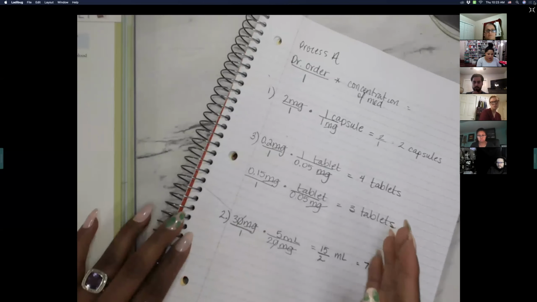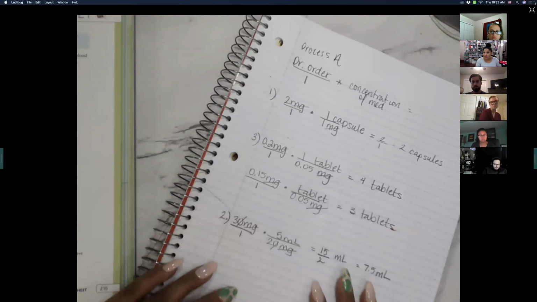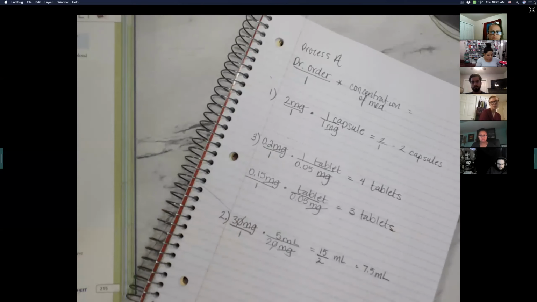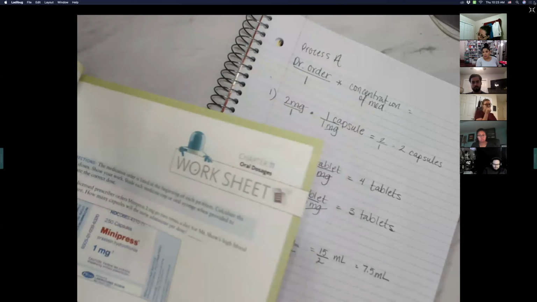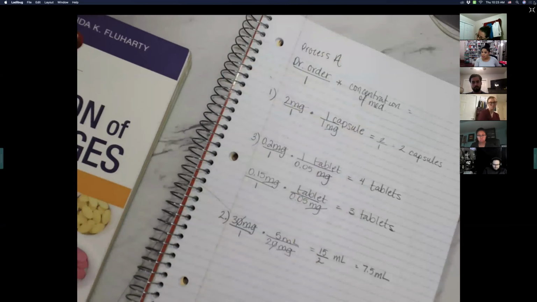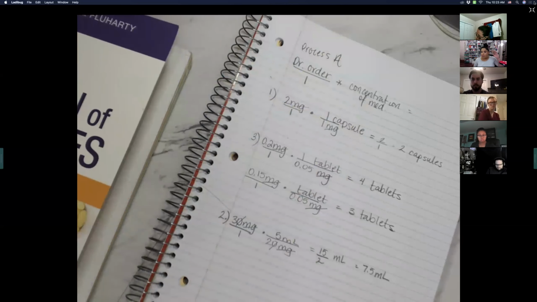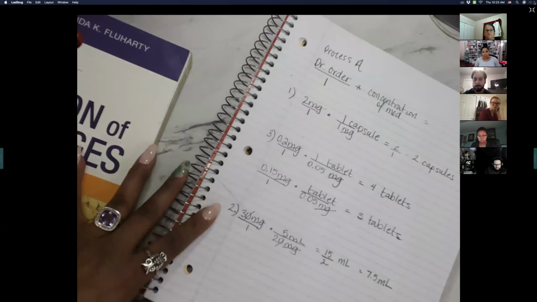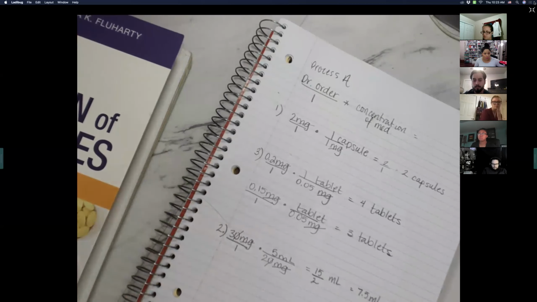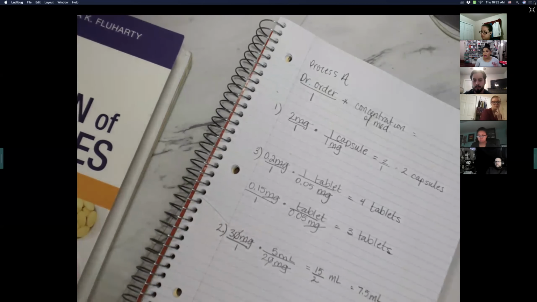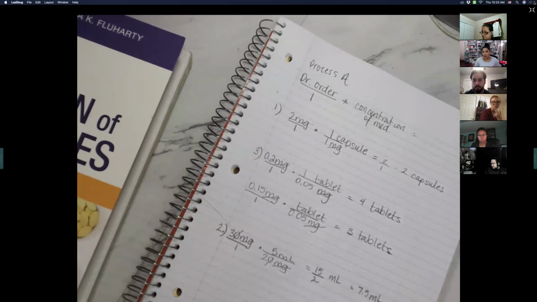We'll have a few additional steps just focusing on unit conversions. But that's what we're going to start with on Monday, is chapter 6, focusing on unit conversions, how we're going to need to add in some additional steps to get our units to correspond appropriately so that we can arrive at the correct final answer.